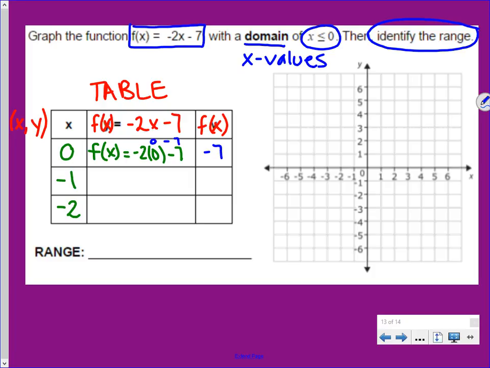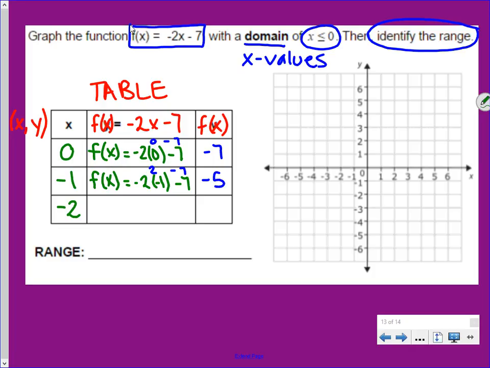Put negative 1 into our function. We get f of x equals negative 2 times negative 1 minus 7. Negative 2 times negative 1 is positive 2, minus 7 is negative 5. Last point, negative 2, so we put that into our function.